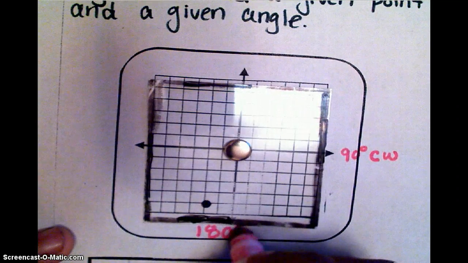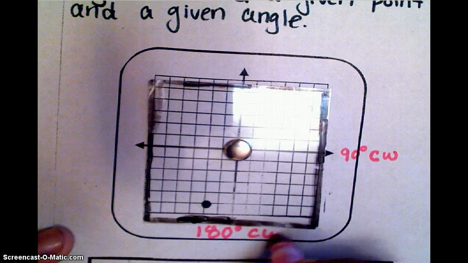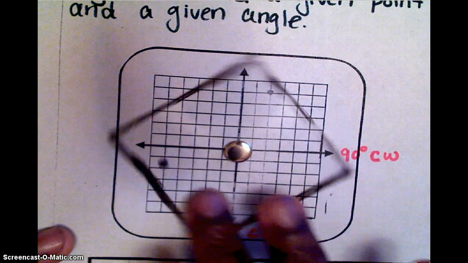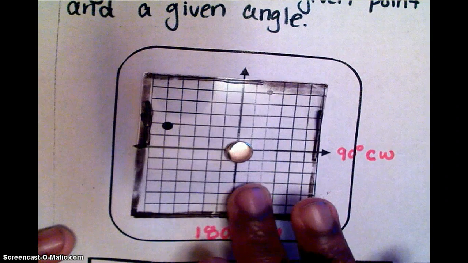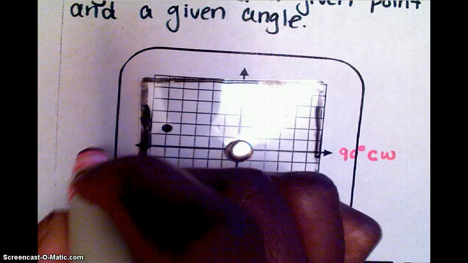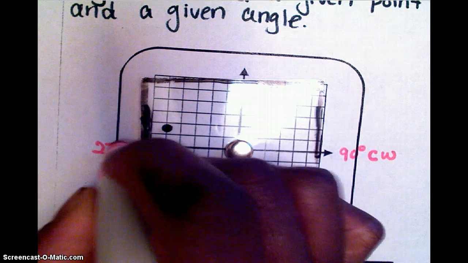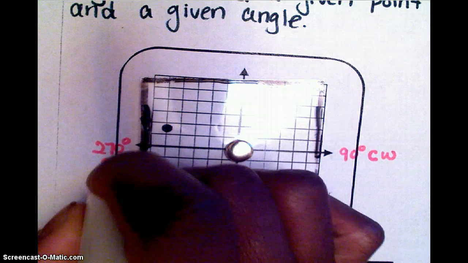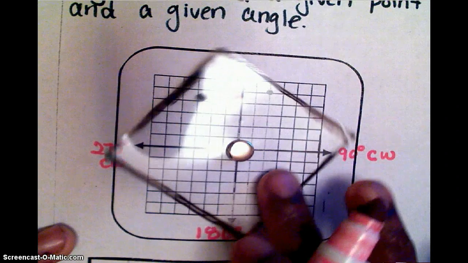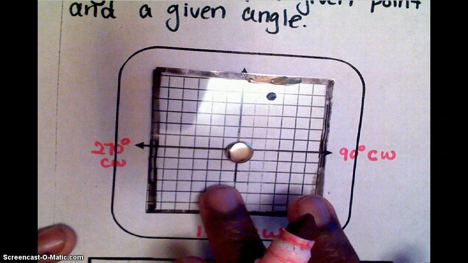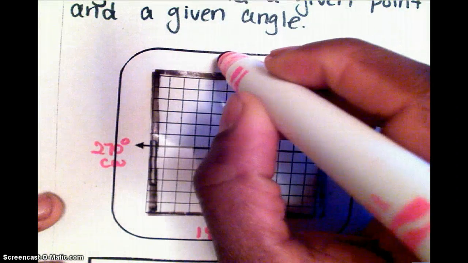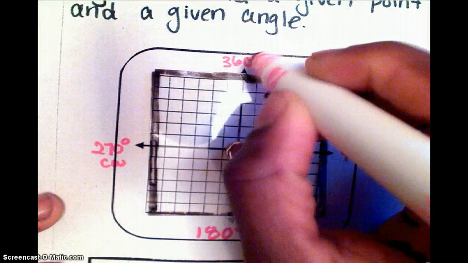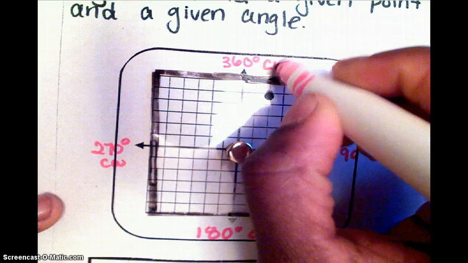So I went 180 degrees clockwise. And then another 90 degrees, 180 plus 90 is going to give me 270 degrees clockwise. And then if I go back to where I started, it makes sense because I went all the way around, and so that's going to be 360 degrees clockwise.